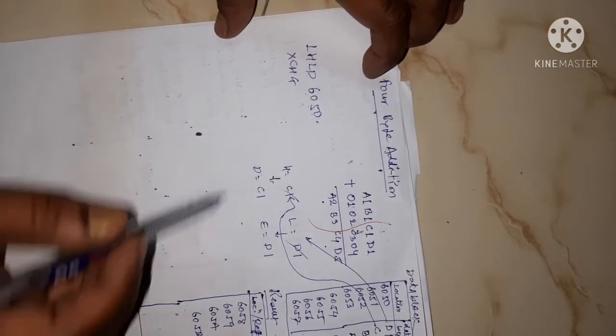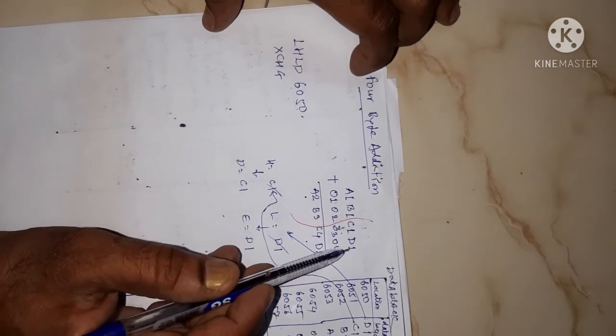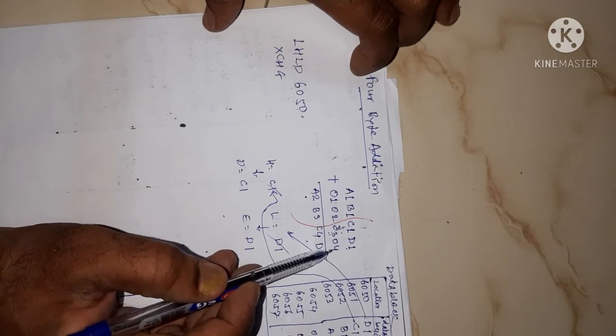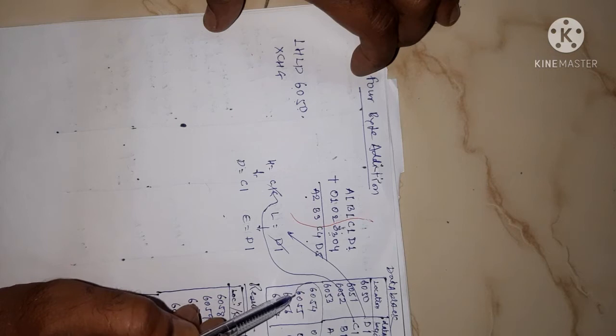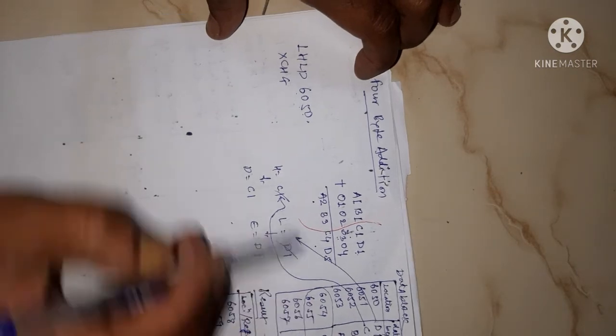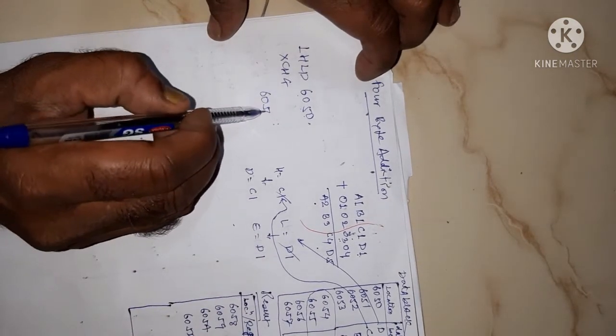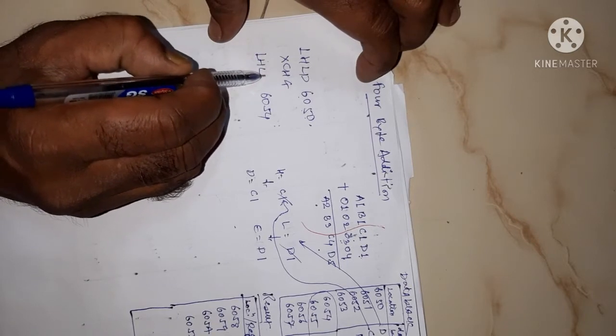Now C1 D1 is to be added with 0304. 0304 is available on these locations, so 6054 is the starting location, with LHLD 6054.